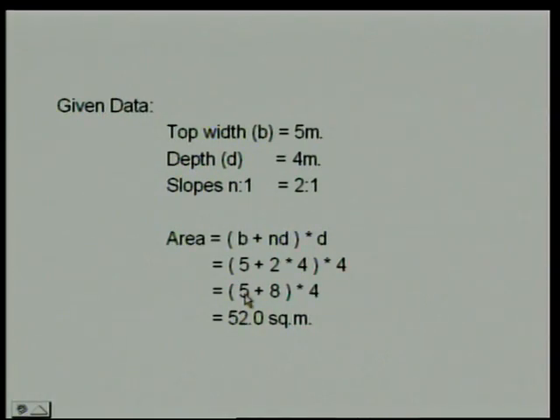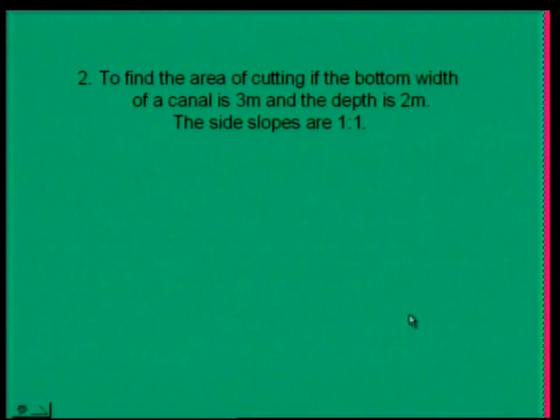Now, let us see one more example for a canal section. To find the area of cutting, if the bottom width of a canal is 3 meters and the depth is 2 meters, the side slopes are 1:1.